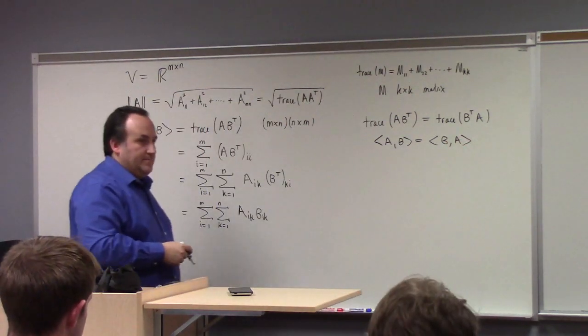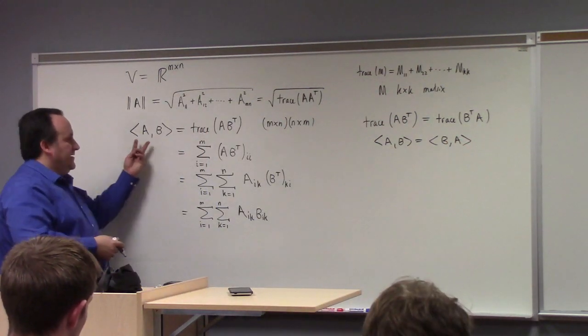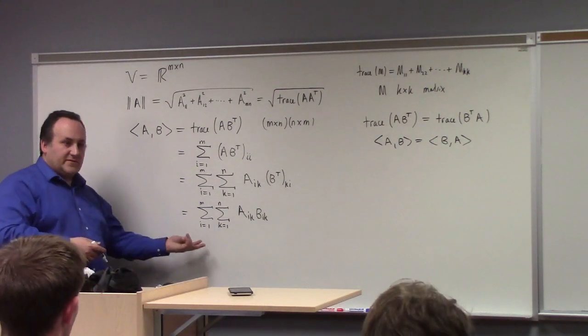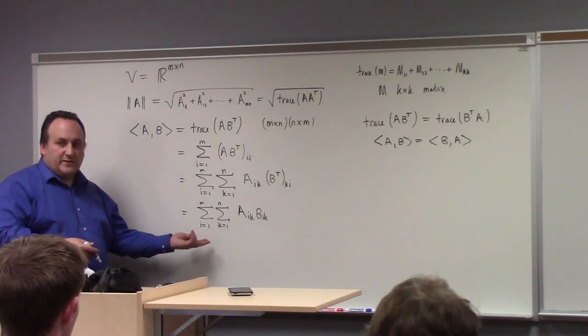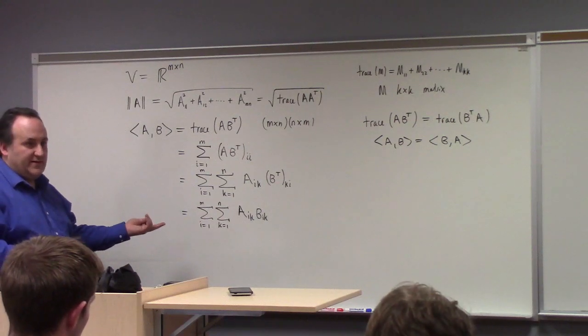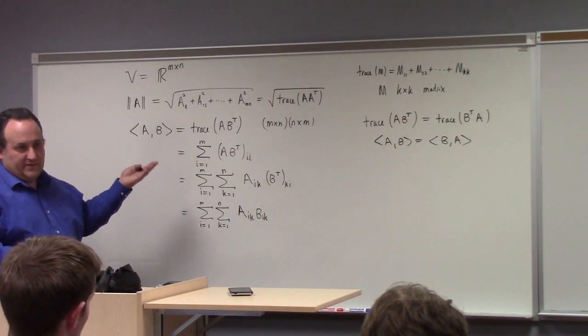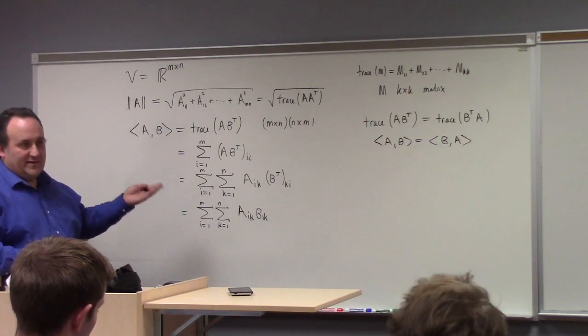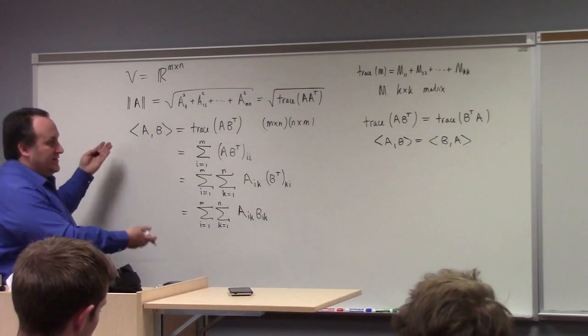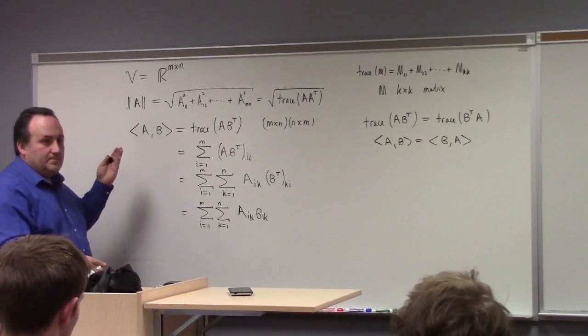The positive definite is pretty obvious from the formula, right? If you put A A here, you get a sum of squares. A sum of squares is only 0 if all the squares are 0, right? That's the positive definite. Essentially, the proof that this is an inner product is the same as the proof of the dot product being an inner product, because it's just the dot product for the matrix strung out.